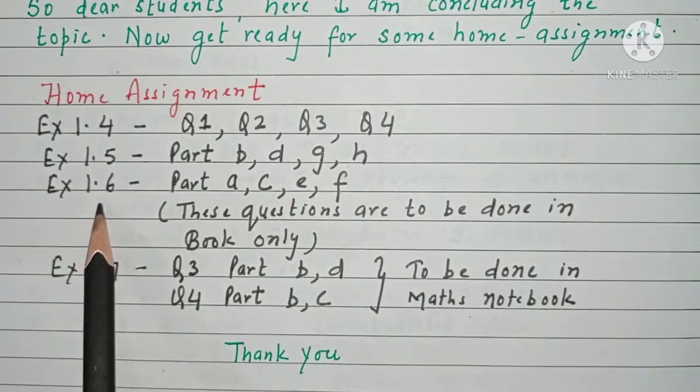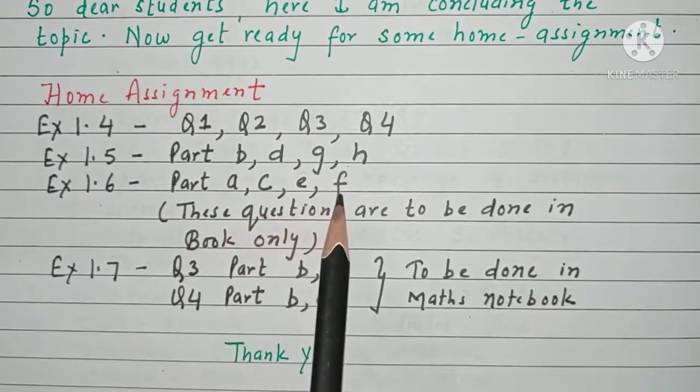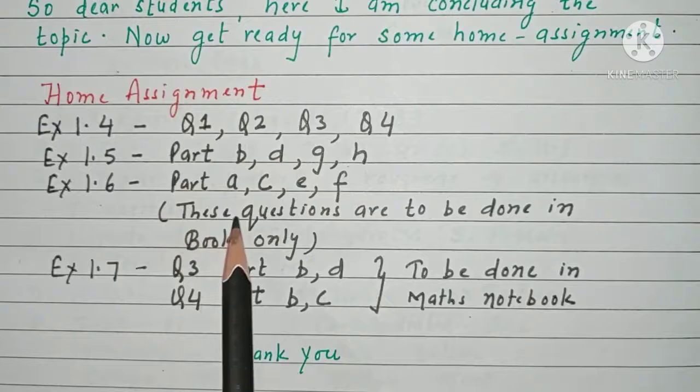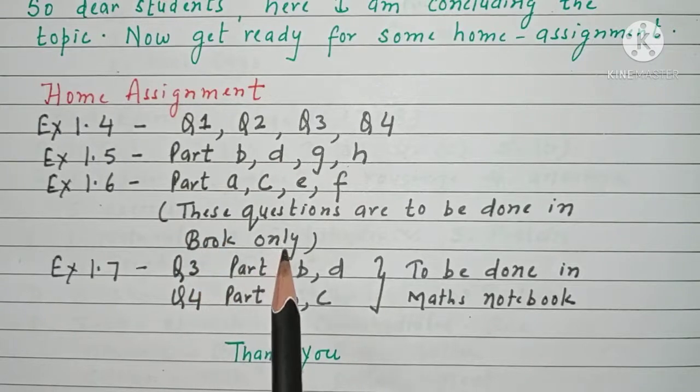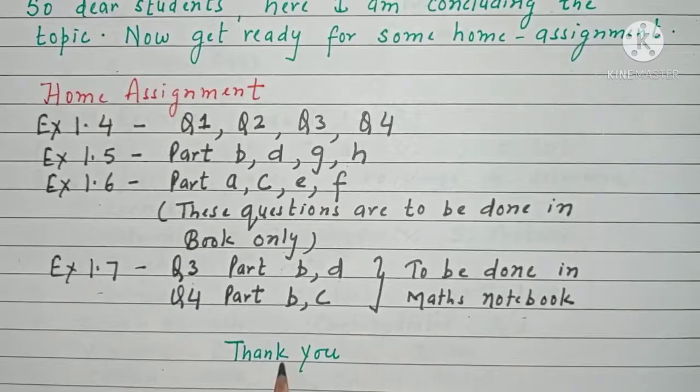And exercise 1.6, we have part A, C, E and F only. These questions are to be done in the book only. And from exercise 1.7, do question number 3, part B and D, and question number 4, part B and C in your maths notebook. Thank you, students.